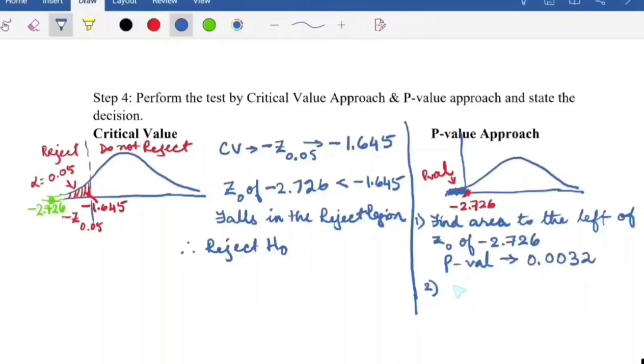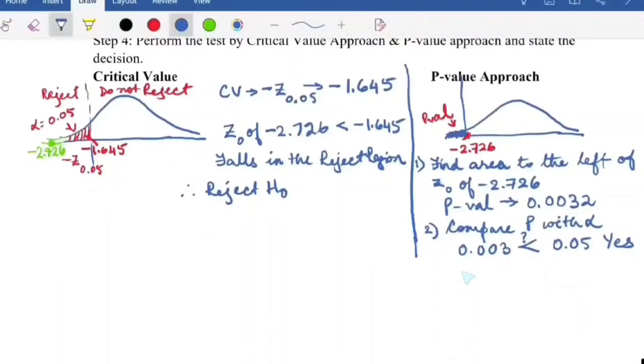Step 2 is to compare p with alpha. So p is 0.003. Is it less than 0.05? Okay, so we are checking if it is less than 0.05. Yes, correct. As 0.05, keep in mind, is our alpha value.